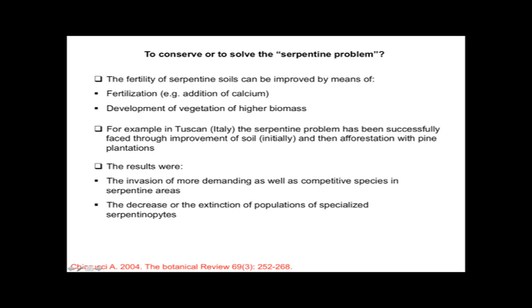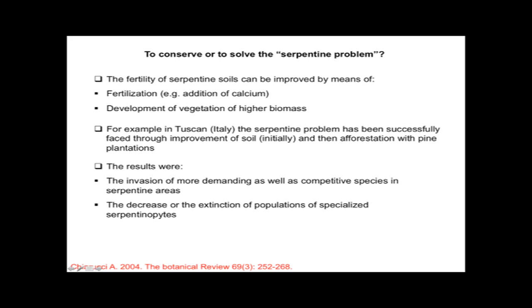However, some other results of this treatment of serpentine soils were the invasion of more demanding and competitive species, species of the normal soils, in the serpentine areas. And another result was the decrease or even the extinction of populations of specialized serpentinophytes. So in areas where plantations were grown, we have no serpentinophytes.